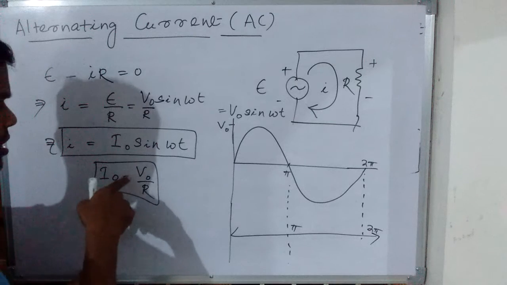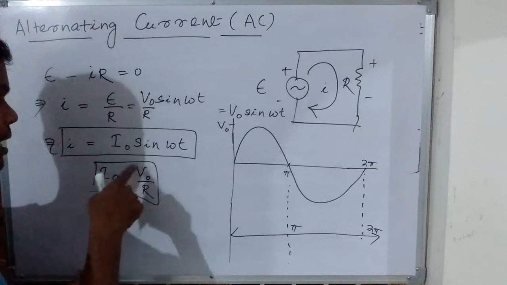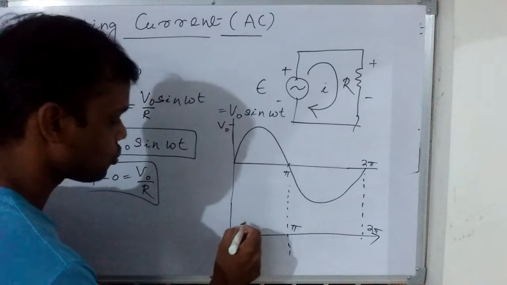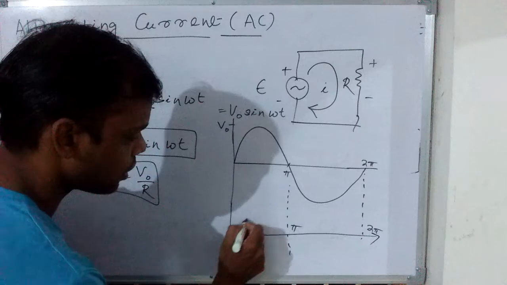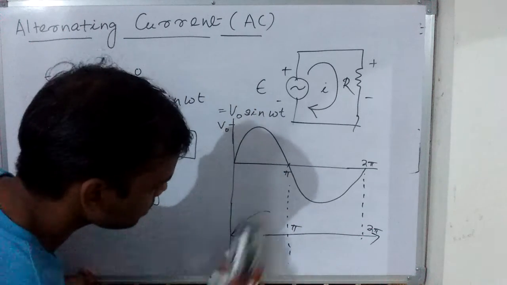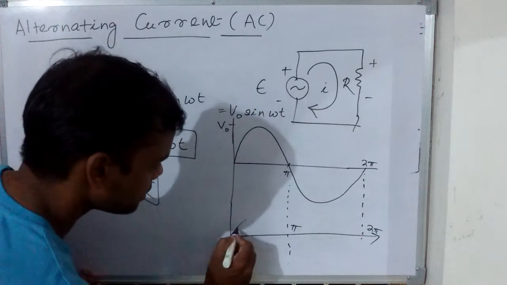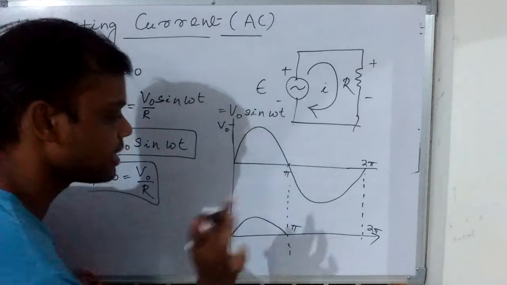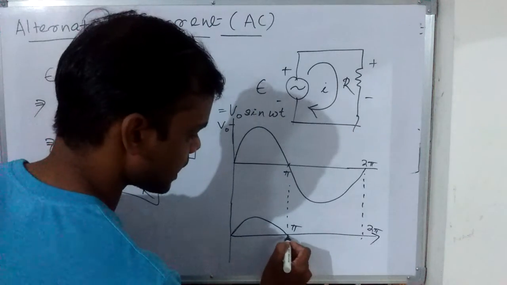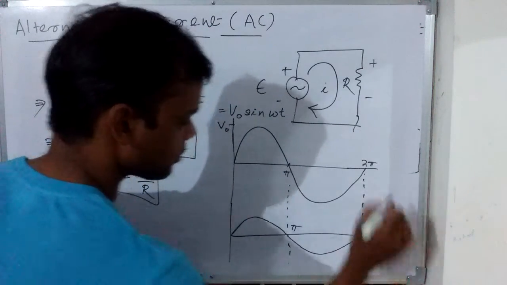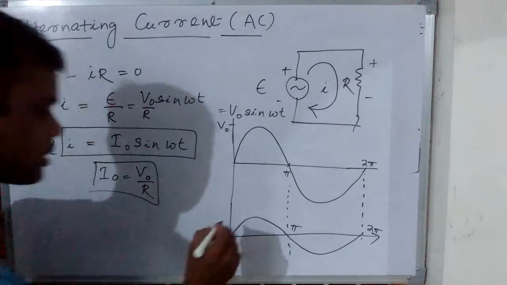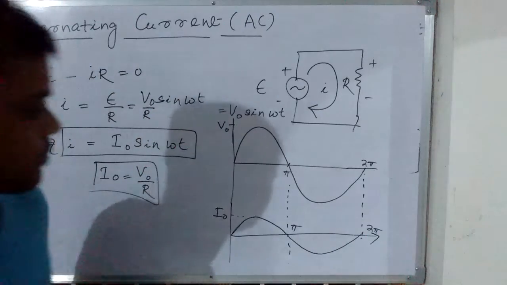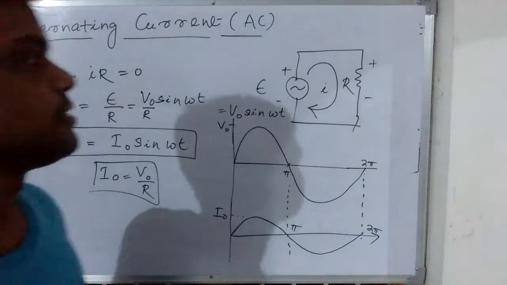I naught is V naught by R, so the amplitude is decreasing; I naught is somewhat less than V naught, so it will be somewhat lower. But its phase is the same, so it will start here and end here. Similar is the case for the negative half cycle. It will be a smaller wave. This amplitude is nothing but your I naught. So this is the waveform of current and voltage for a typical resistive circuit.